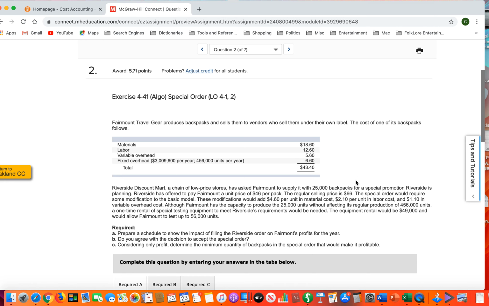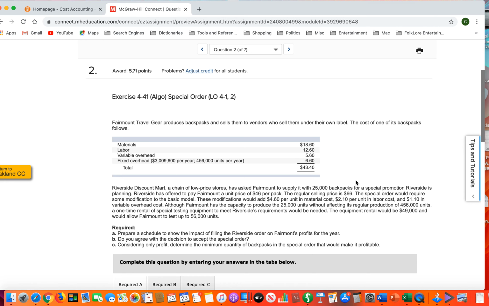So now you have a new variable cost of $44.60, as opposed to $36.80. That's the variable cost.